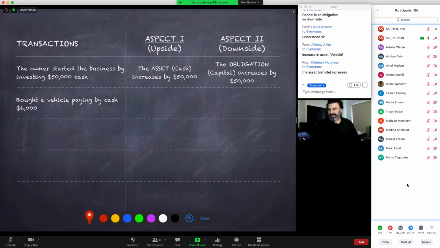If you agree with Alicia or Maheen's answer here, you can always give me a green check on the participant window and save yourself a lot of typing. Increase in the asset vehicle, Asma. I also agree with that.